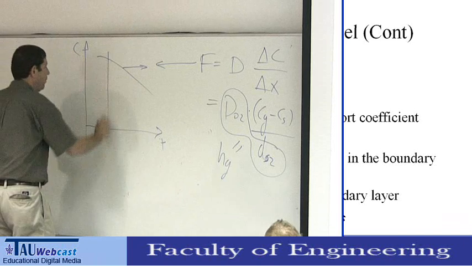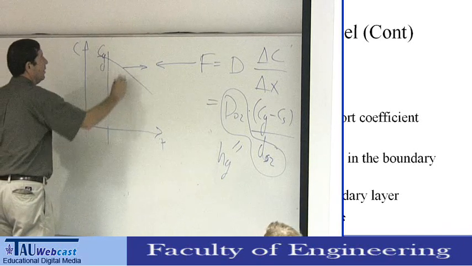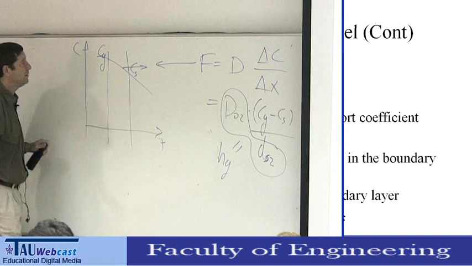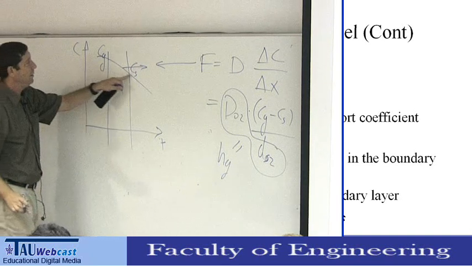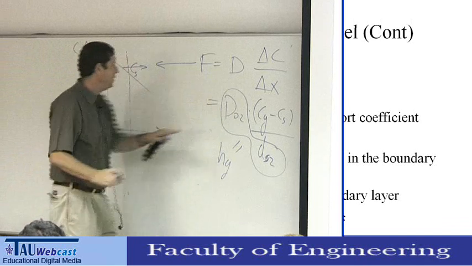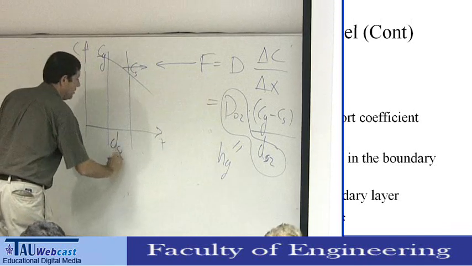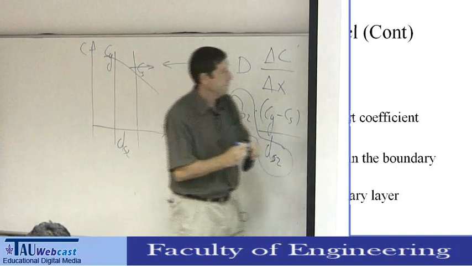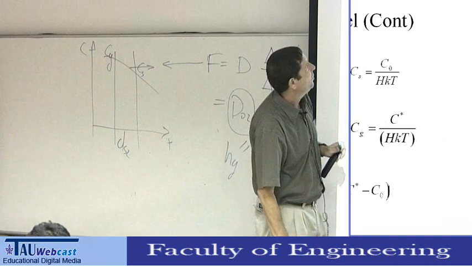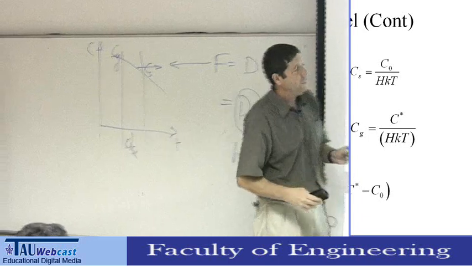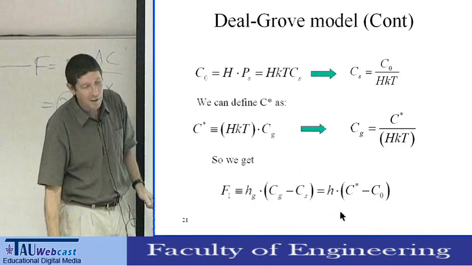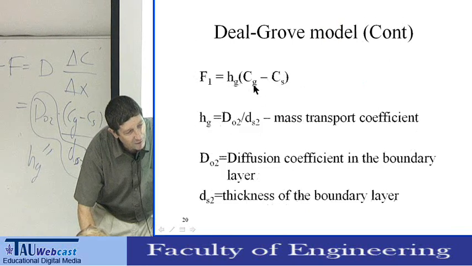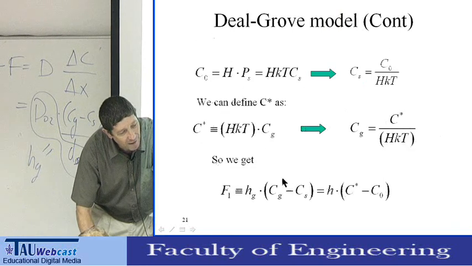If one point is Cg and the second point is Cs, we can estimate the flux as Cg minus Cs divided by delta x, multiplied by the diffusion coefficient. So we calculated F1. But I want to manipulate the numbers a little to make life simpler, because I don't like this equation this way. I would like to write it in a slightly different way.